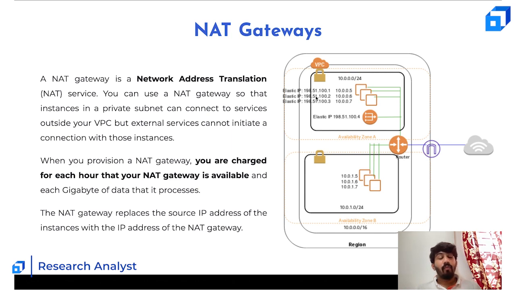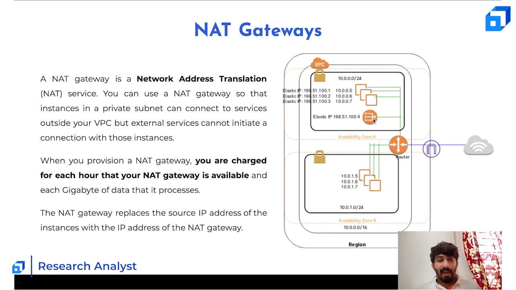It does not do it for private IPv4 addresses. So that's where the NAT gateway comes in. While this instance is trying to access the internet, it will be routed to the NAT gateway, and the NAT gateway will understand that this is a private instance, and it will translate the private instance's IP address in order to access the internet, and then it goes through the internet gateway and accesses the internet.